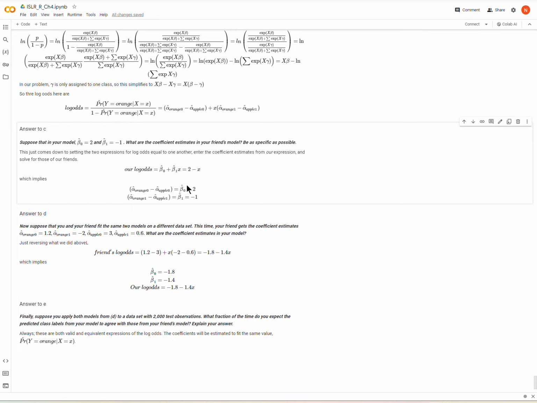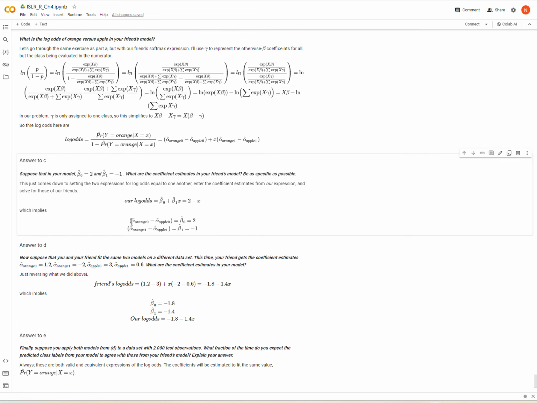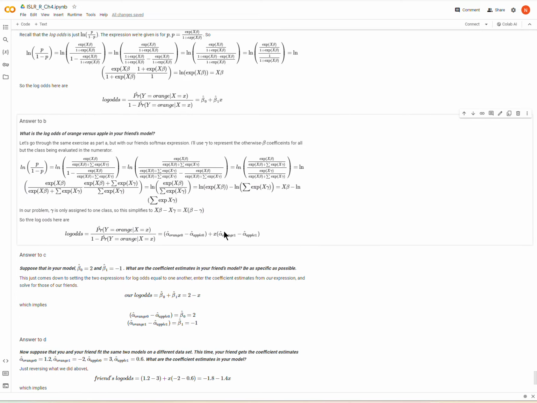Our friend has intercepts for oranges and apples and slopes for oranges and apples, so we can't say what the value for each of these is. But notice that our linear expression for the softmax formulation is just a linear model.